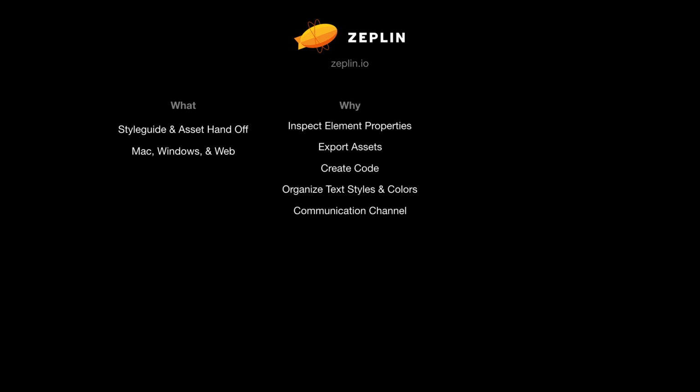And then lastly, with Zeplin here, it's what we use basically to build a style guide and do our asset handoff to our developers. And it's both Mac, Windows, and web-based. A reason we like it is because it allows the developer to look at a mock-up and be able to inspect it and see all those specs and colors.